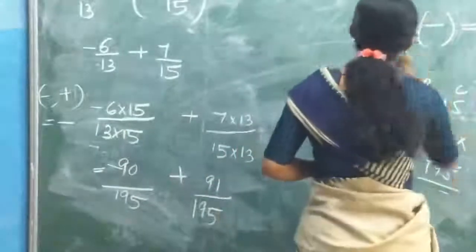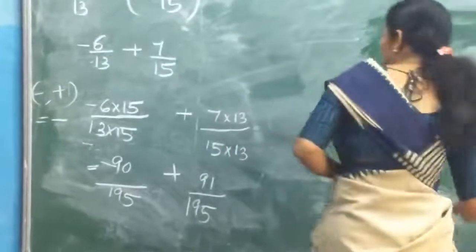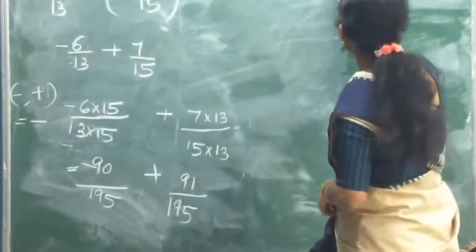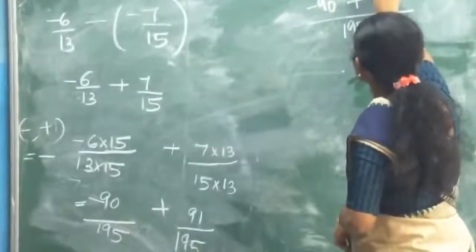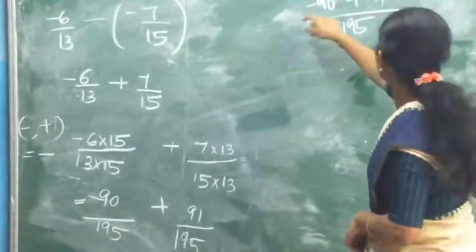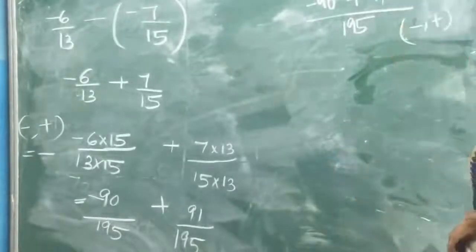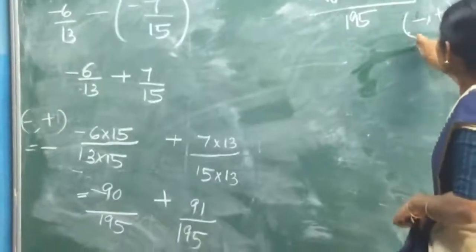So what should you do? Take the denominator common. The denominator 195. Take it common. Minus 90 plus 91. When you have one negative number and one positive number, subtract the numbers.